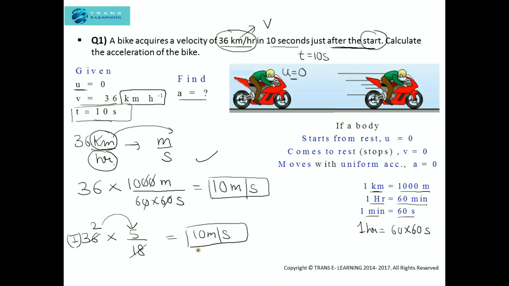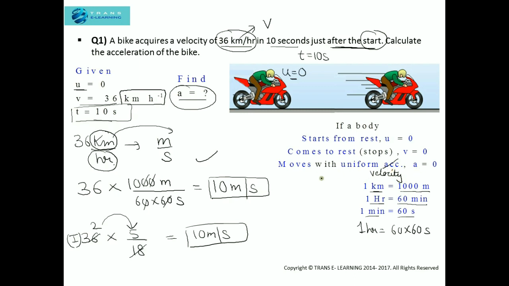So now as we have the final velocity in meter per second, we just need to substitute this value in the appropriate SUVAT equation. Before proceeding further, I would like to tell you there is a common mistake that students make. Like here I have written moves with uniform acceleration, then a is equal to 0. It is not uniform acceleration, it is uniform velocity, that is when acceleration is 0.